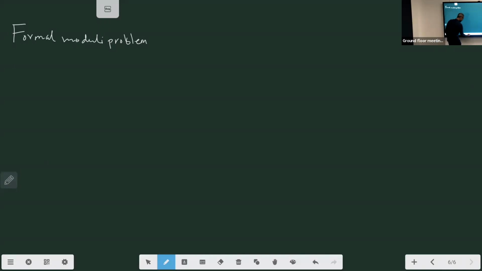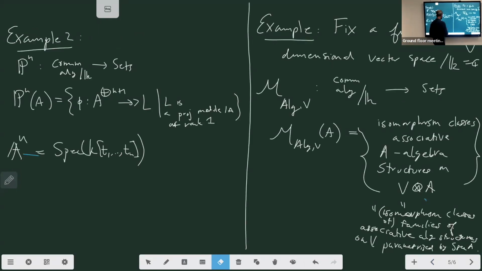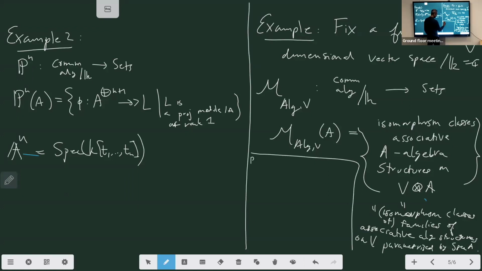Actually, before that, I had a remark that I wanted to make. I think there's room in this slide. Maybe I can make the remark here. We actually have a functor, M alg V tilde, which actually goes from algebras to categories.